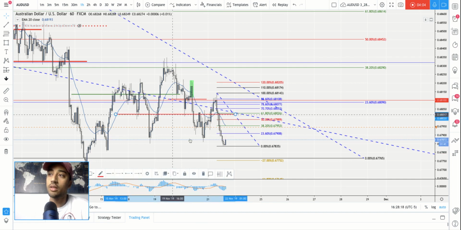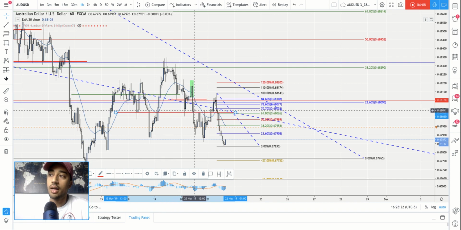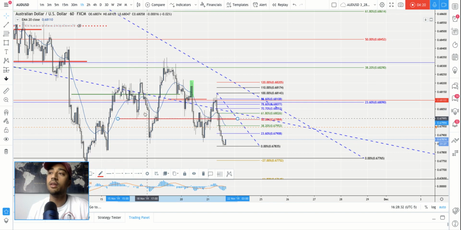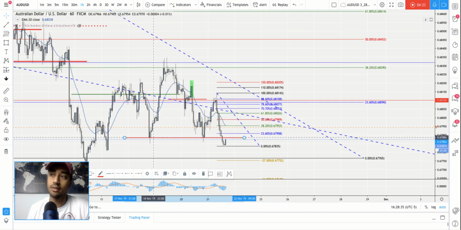Technically, this over here was a level of support, and we could have said price was closing under here, obviously under this area right here, but we would have to say this is technically the level of support now, I would say, to be safe.